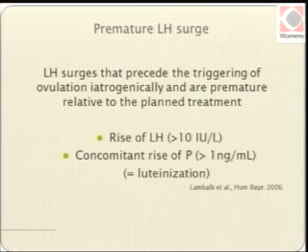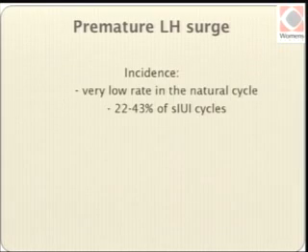LH surges that precede the triggering of ovulation induction iatrogenically are premature relative to the planned treatment. It can be a rise of LH over 10 IU or a concomitant rise of progesterone as well, which results in luteinization.